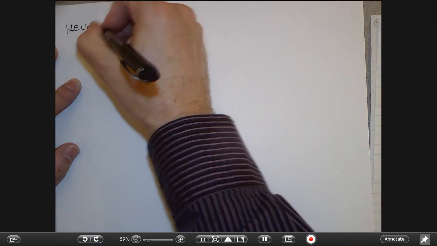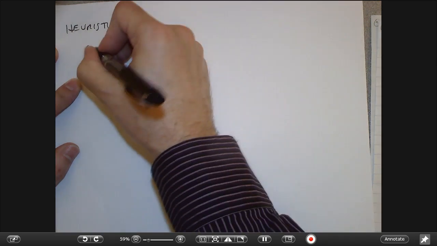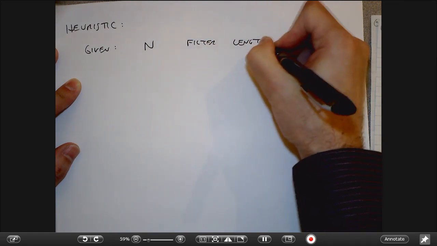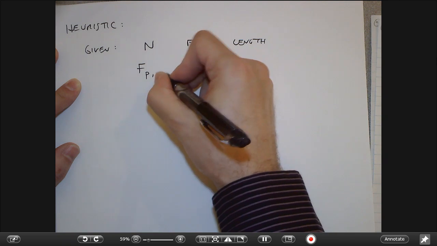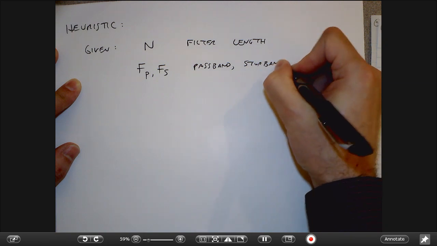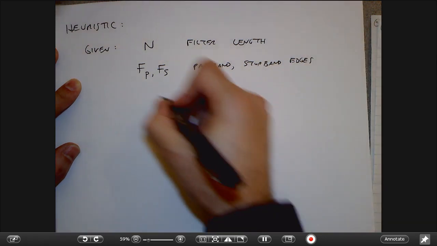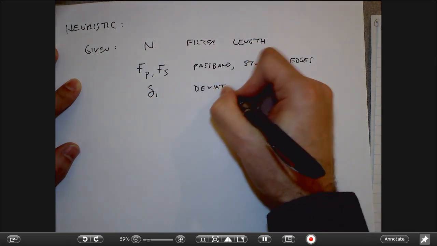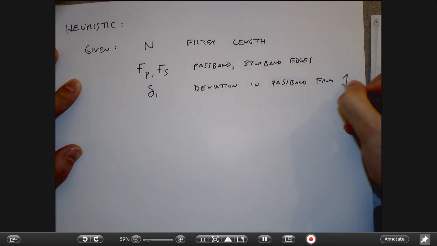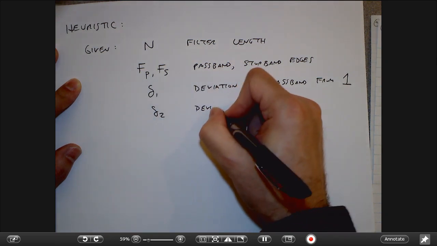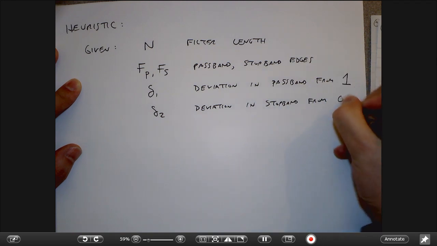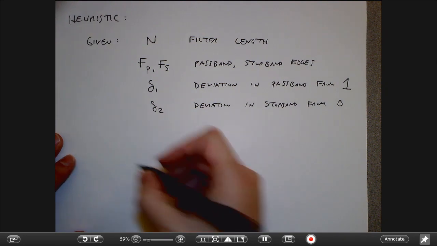This is not the only heuristic, but this is the one that I have written down. If I'm given n, which is the filter length, and I'm given the passband and the stopband edges, and I'm given the deviation in the passband from the ideal value of 1, and I'm given the deviation in the stopband from 0, then these numbers are all related in the following way.